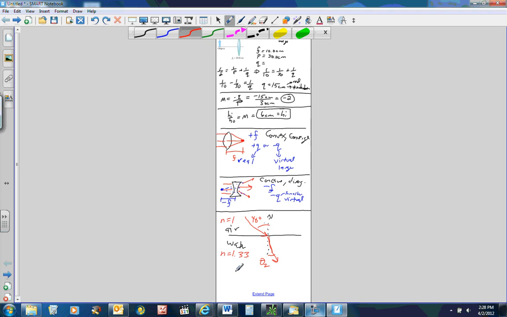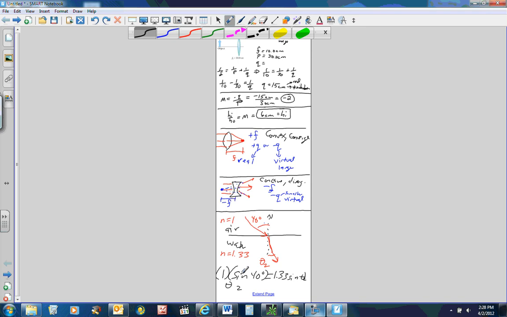And so how do I find that? Well, I just use Snell's law, which is n1 sine theta 1 equals n2 times sine of theta 2. So n1 would be 1 times sine of 40 degrees equals 1.33 sine of theta 2. You have to be in degree mode to do this, so it's going to be sine of 40 divided by 1.33, and that's 0.48, then I'm going to do inverse sine of 0.48329.